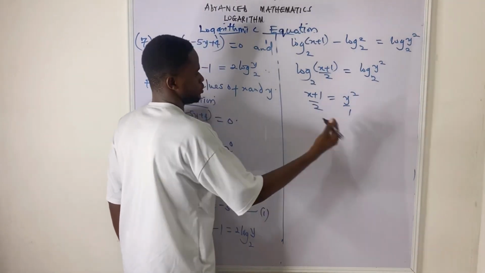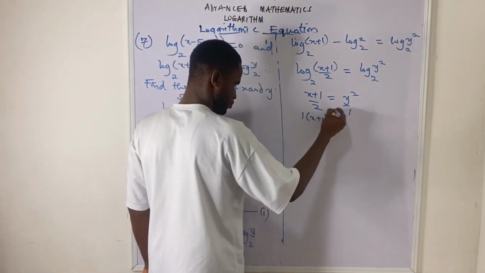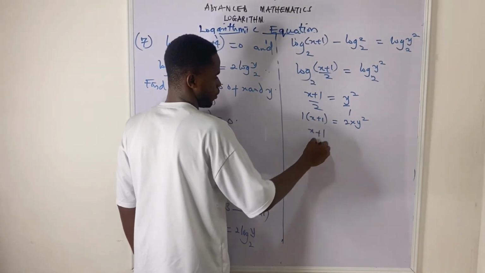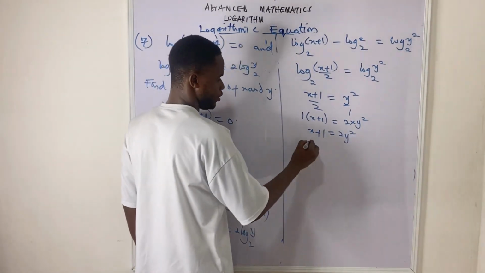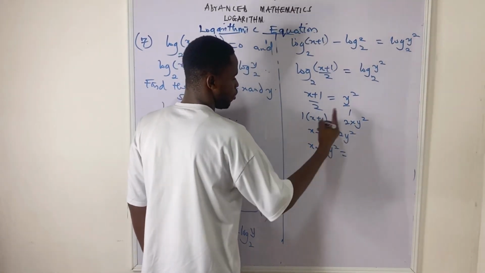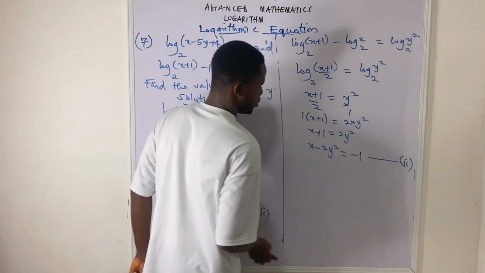Put the same fraction over 1 and cross multiply. So we have 1 into (x plus 1) equals 2 times y squared. Without expanding, that will be x plus 1 equals 2y squared. And we arrange, so we have x minus 2y squared equals minus 1. And that will be equation 2.